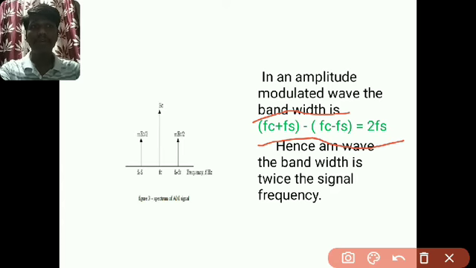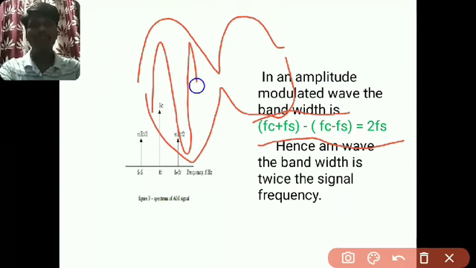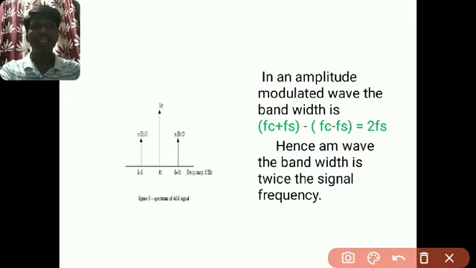So the bandwidth of the amplitude modulated waveform is twice the signal frequency. On the basis of the bandwidth and sideband frequency, this is known as the frequency spectrum of amplitude modulation.